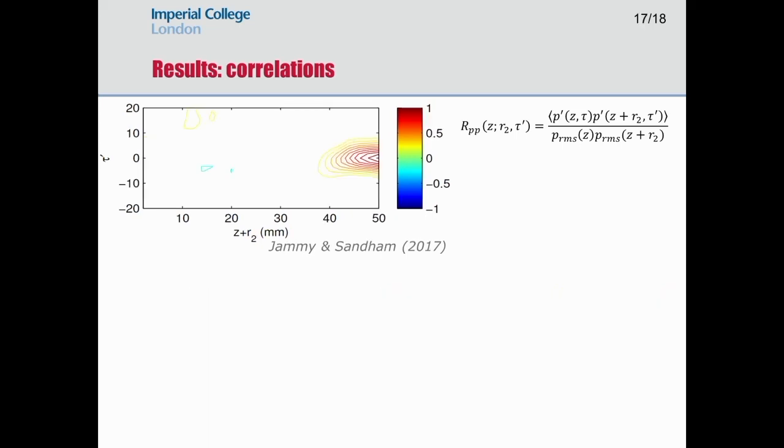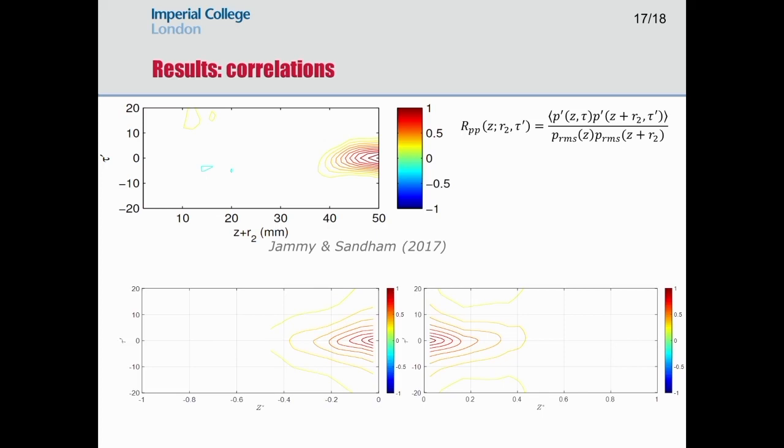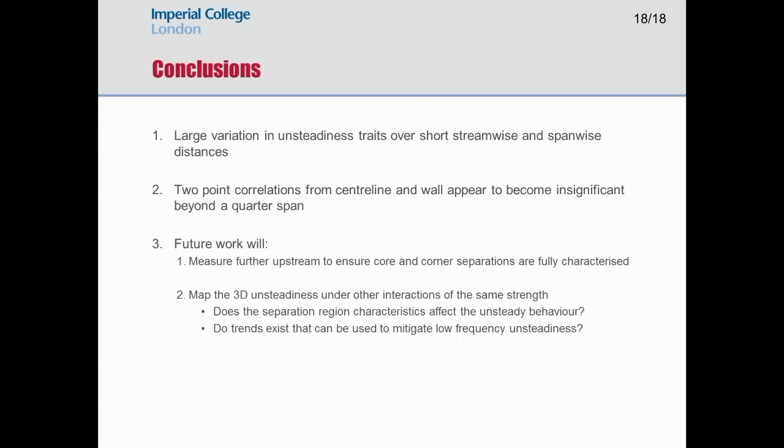And then for completeness, we also looked at the correlations from the center line moving outwards. Similarly to Jamy and Sandham, they lose significance beyond about 35 mil, although they stretch a bit more on the more tortuous side of the separation region. So in summary, I think this shows that just looking at the unsteadiness at the center line, we can't expect to see a collapse.